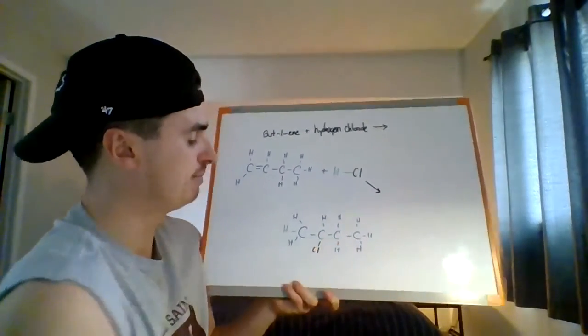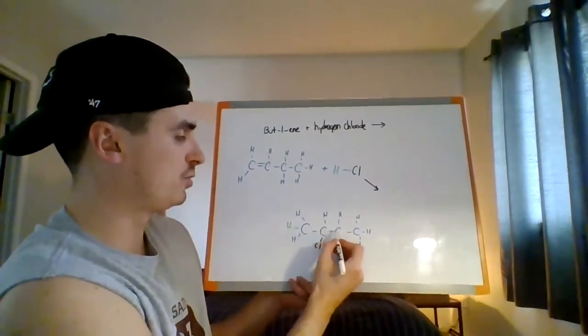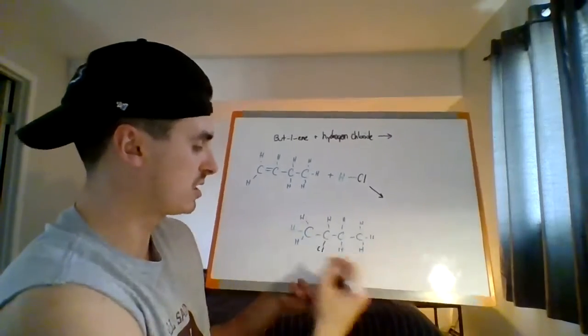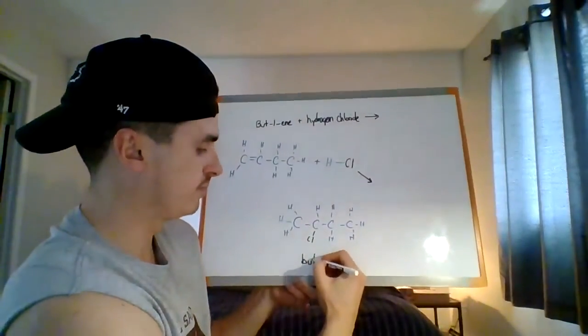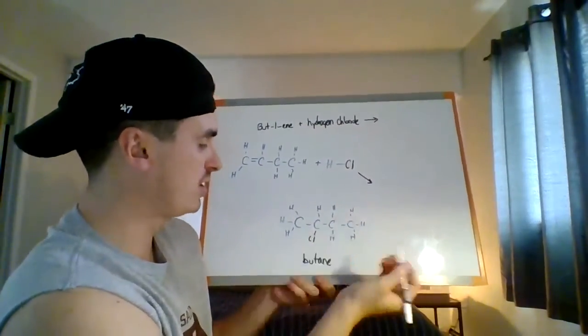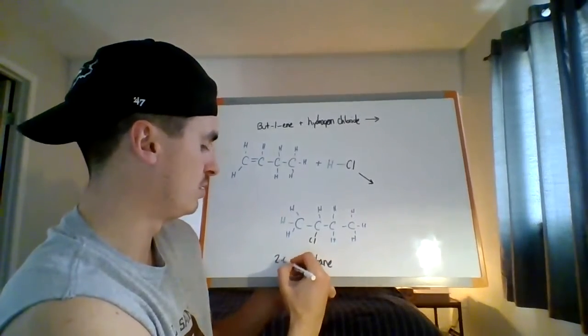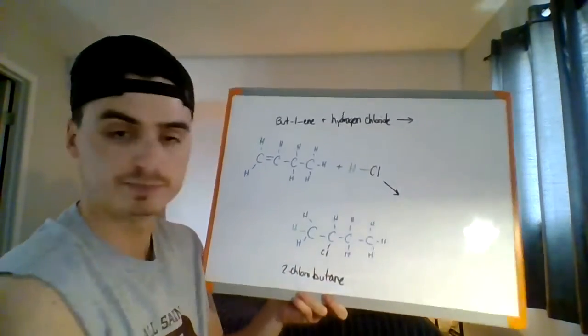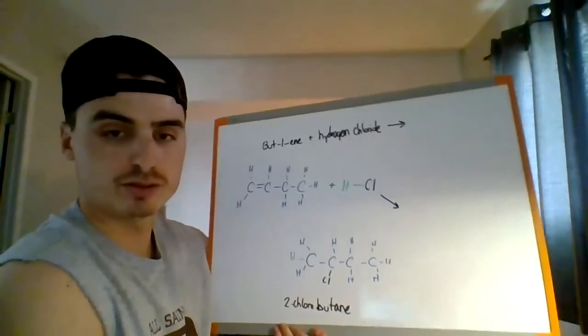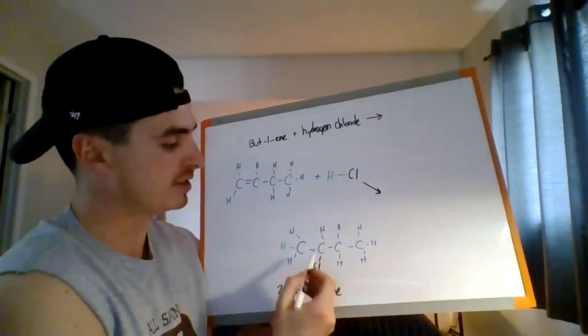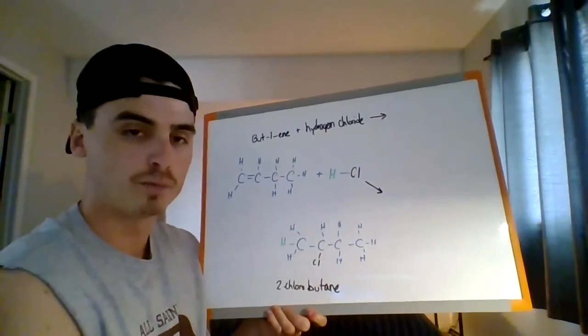And we'll name this guy. We'll go 1, 2, 3, 4. So all single bonds is butane. And we got a chlorine on the second one, so it's 2-chlorobutane.